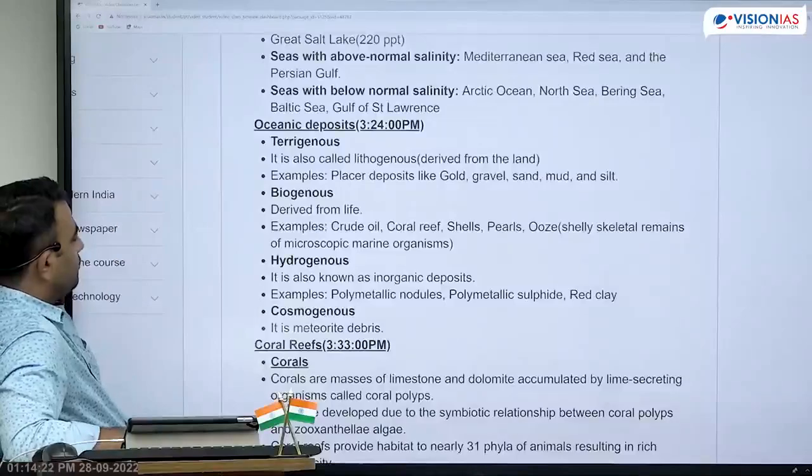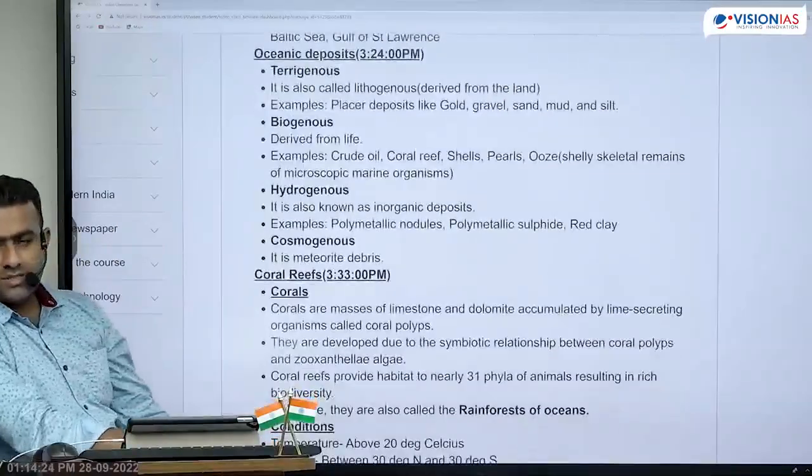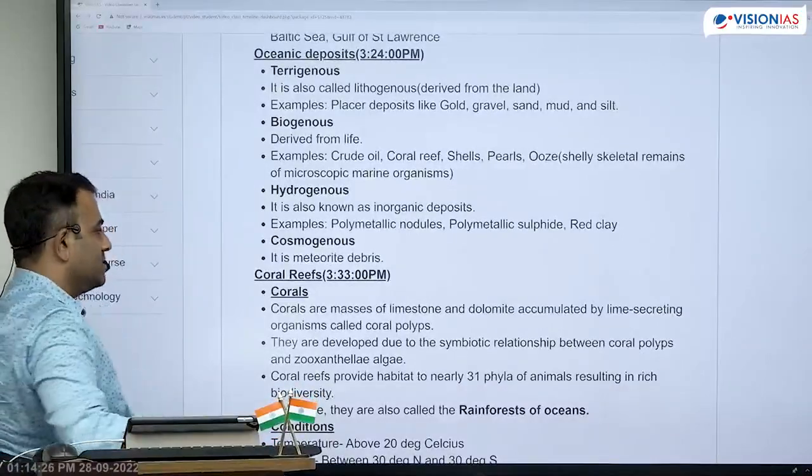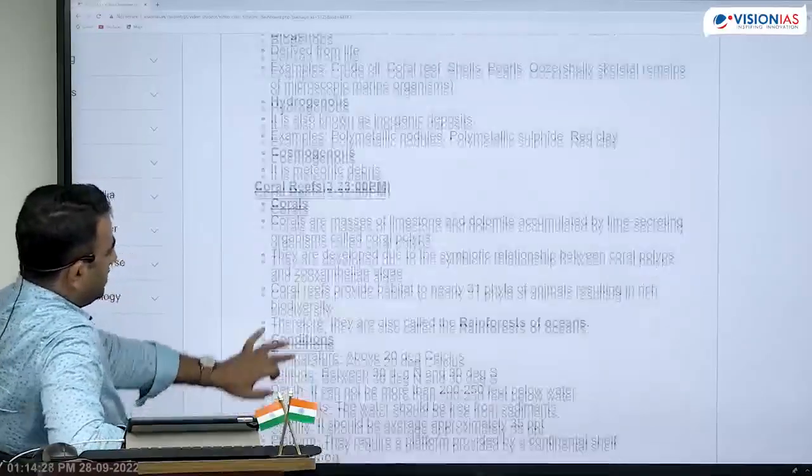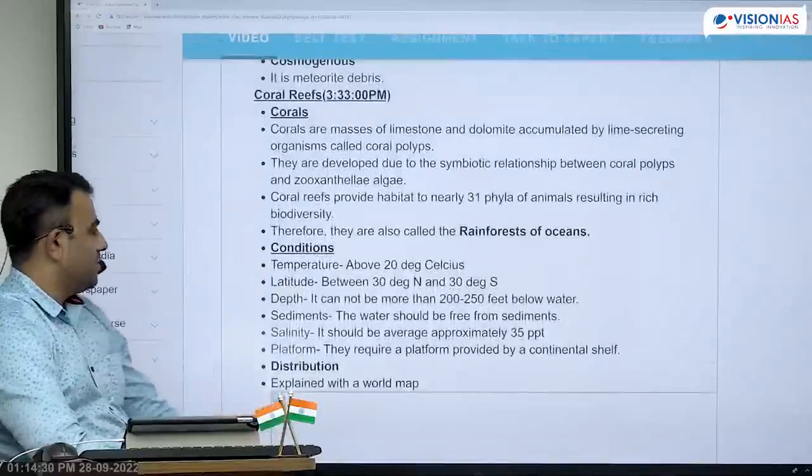Ocean deposits are of four types: terrigenous, biogenous, hydrogenous, and cosmogenous. With examples हमने बात किया था, यहाँ पर बस नाम ही याद रखना है आपको. Coral reefs के बारे में we are discussing.